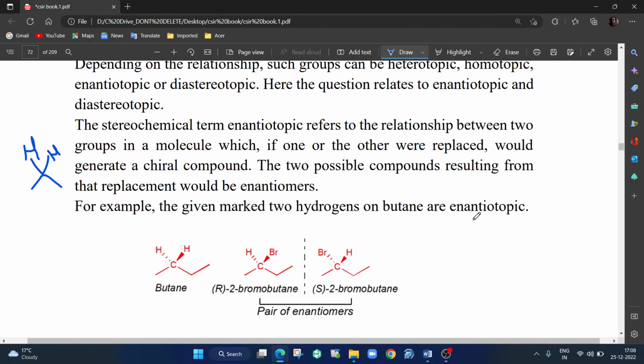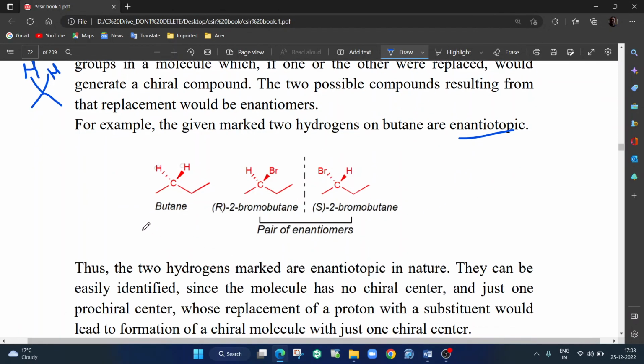Okay, let's first understand what is enantiotopic. Imagine this molecule butane. Now it has two hydrogens. If I replace one hydrogen with some other substituent, say Br, let it be one molecule, and I replace the other hydrogen likewise, and this is the other molecule.